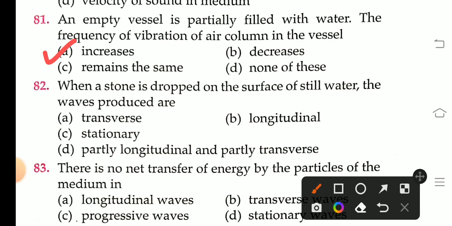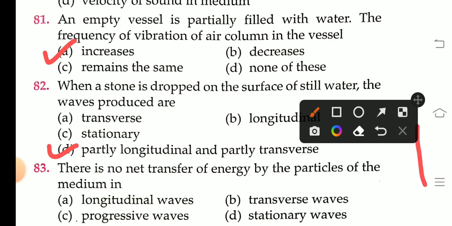Next, when a stone is dropped on the surface of still water, the waves produced are, right answer option D, partly longitudinal and partly transverse. Next, there is no net transfer of energy by the particles of the medium in, right answer option D, stationary wave.